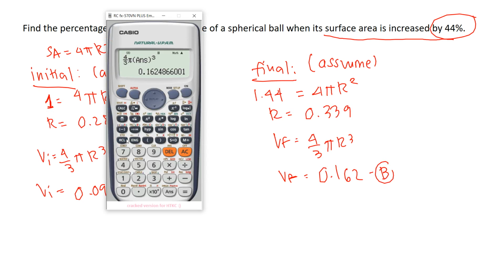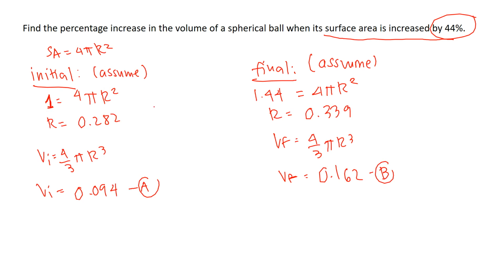Alright, we haven't answered the question yet. What we are looking for is the percentage increase. To get the percentage increase, you have to get the change in volume divided by the initial volume times 100, of course. The change in volume is the final volume minus the initial volume, the amount of change.